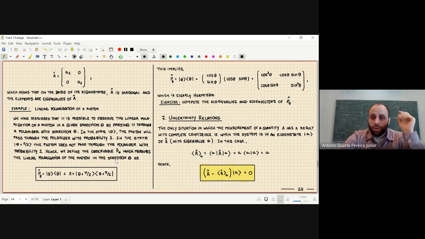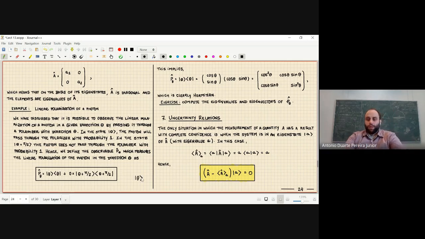Well, you know that I have two states which are orthogonal that essentially can be used as a basis for this operator. So what I'm doing here, I'm just writing P hat theta as the sum of the outer product of these vectors that form a basis. So the first vector is the vector theta.